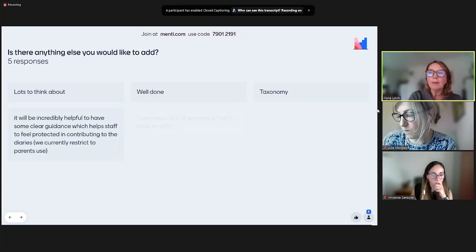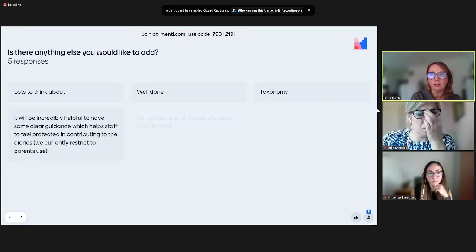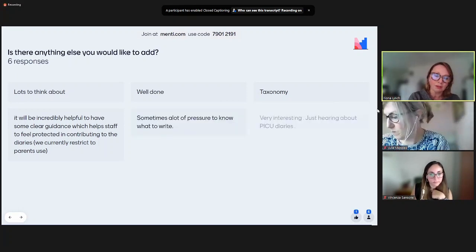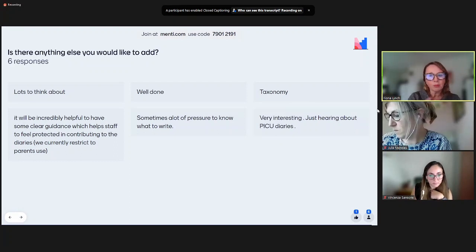And therefore, when we were introducing the diaries at the PICU that I worked at, which is the Evelina London, it was really important to have guidelines around what to write and what not to write. And thinking about our professional responsibilities, ensuring that we don't write anything which isn't factual, but that we use plain language to be able to explain maybe what's happened.